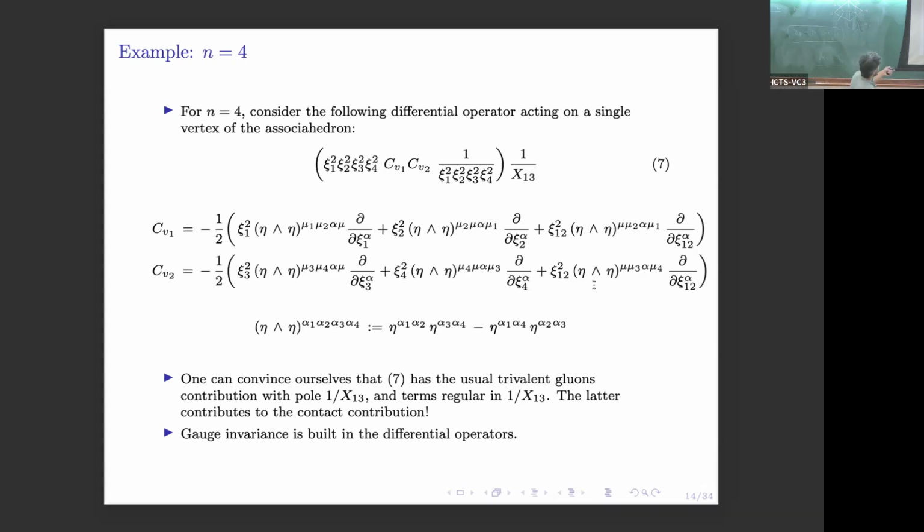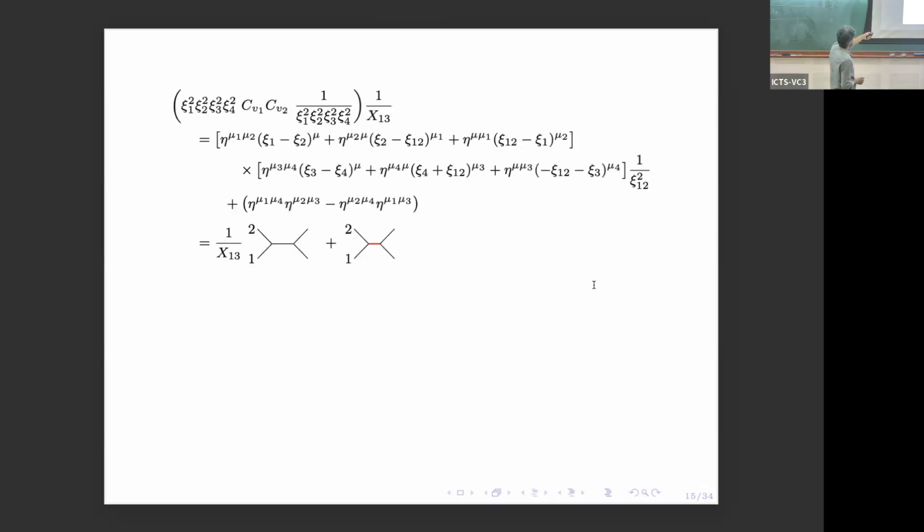So once this CV2 acts on these things, you get the usual thing: all the differential operators get replaced by a momentum. But once the CV1 acts on the rest of the thing, it can act on these poles, that gives you the usual vertex. But the CV1 can also act on the CV2, and from there what you get is this.